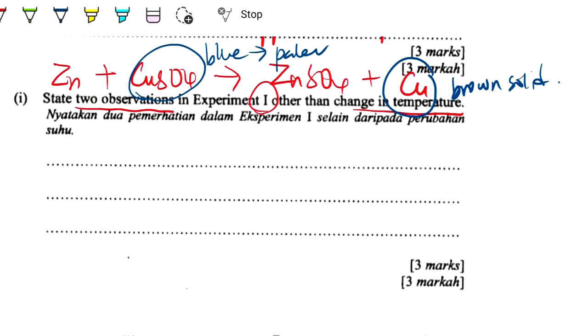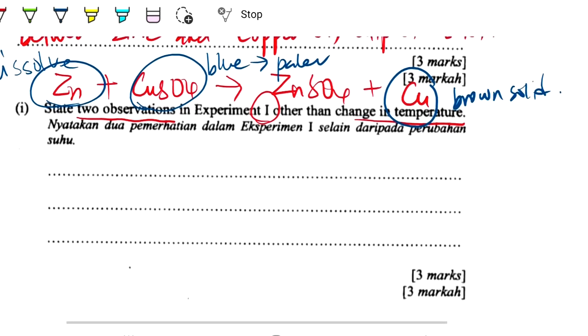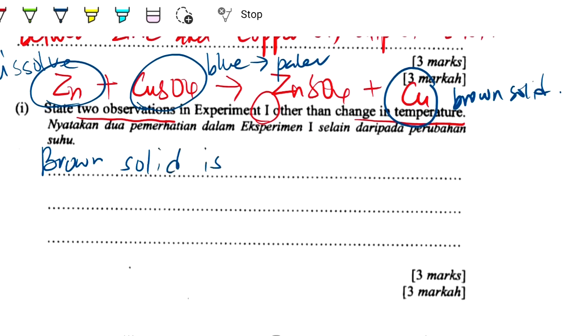Then another one will be the zinc. What happens to zinc? Zinc will dissolve, which can also become one of the observations. So there are the observations: first, brown solid is formed.